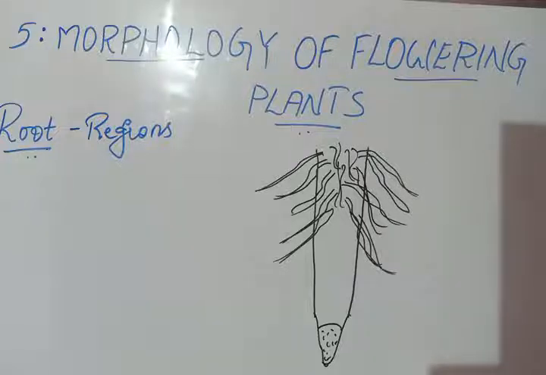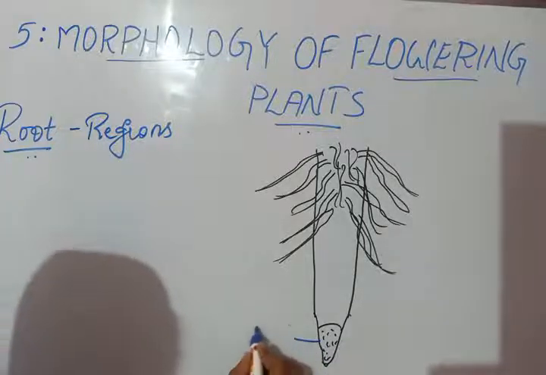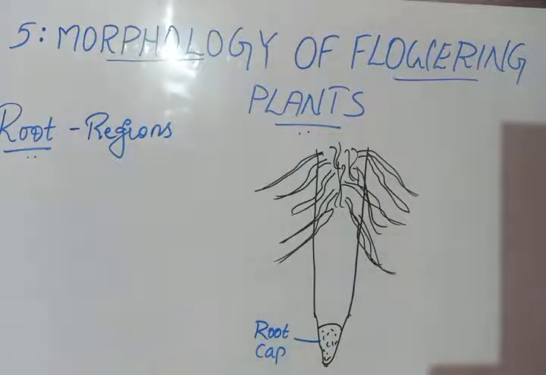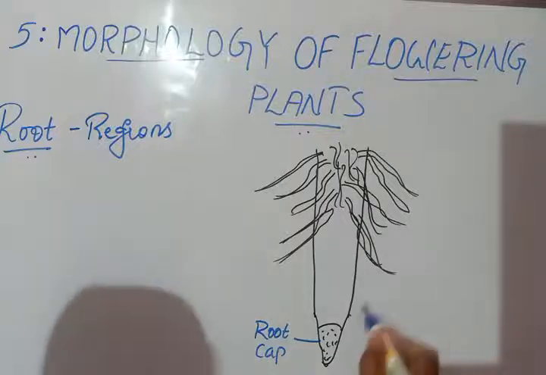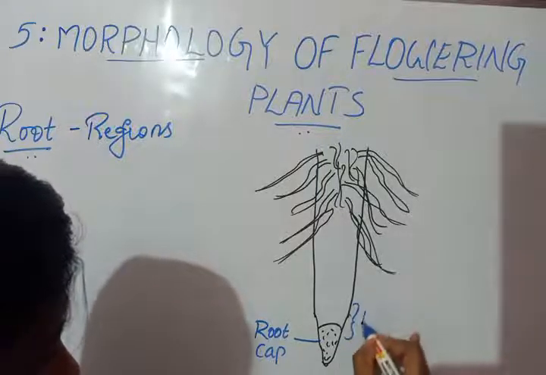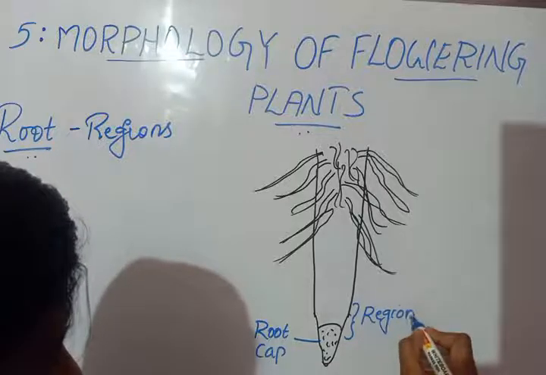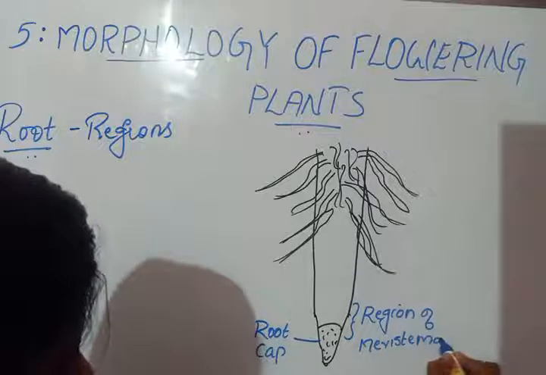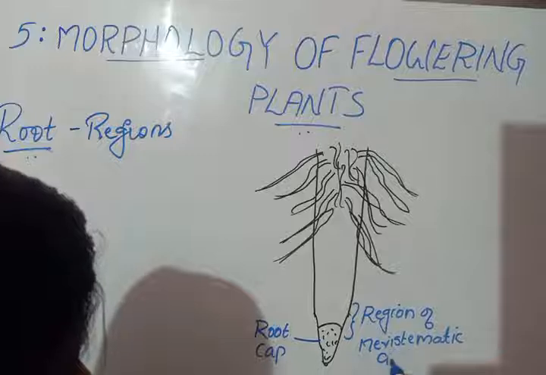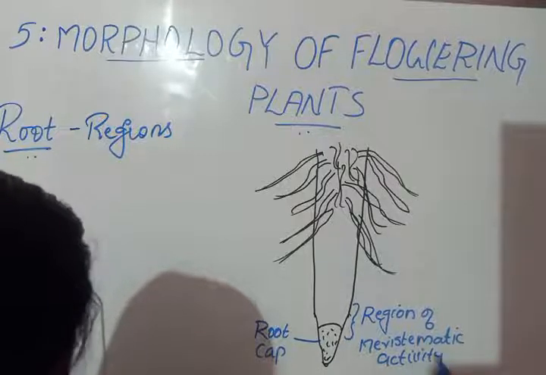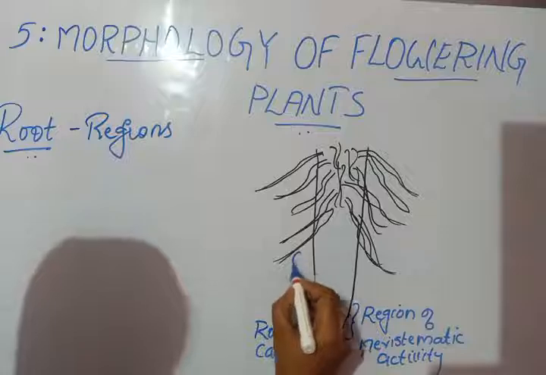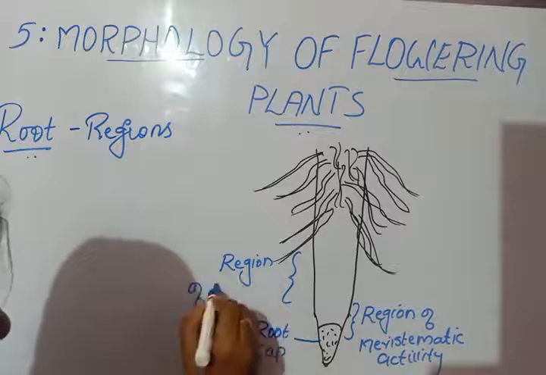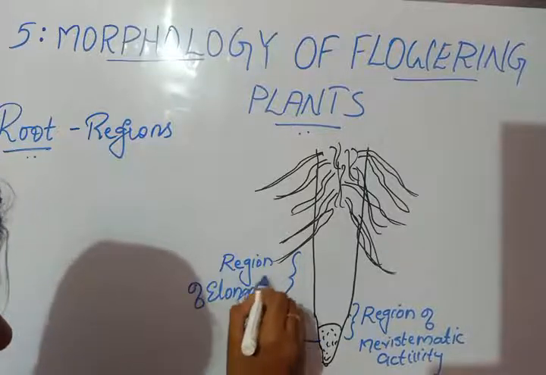This region is called the root cap. This region is called the region of meristematic activity. Then this region is called the region of elongation.